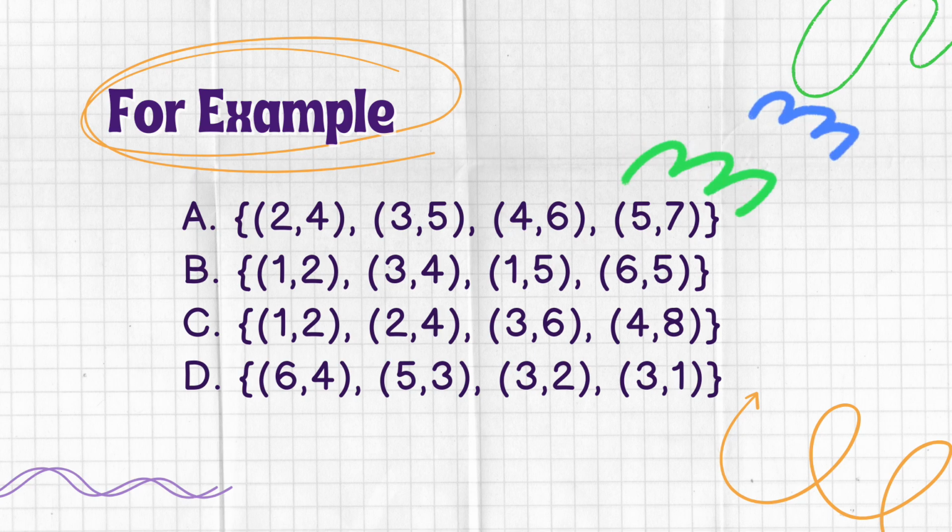Then for our second example is (1, 2), (3, 4), (1, 5), (6, 5). Again, to identify domain and range, una muna natin titignan ang first element, which is 1, 3, 1, 6. So, ito yung domain. And for our second element is 2, 4, 5, 5.